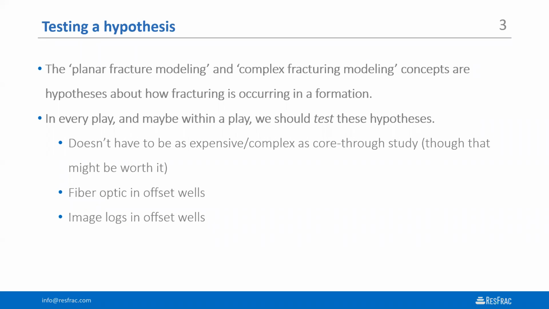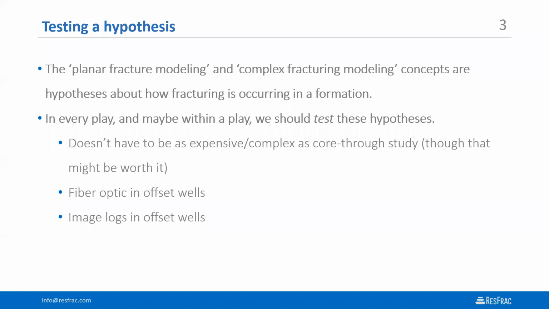You can put that in an offset well before it's completed, and you can directly observe frac hits in the offset wells. Another approach that some operators use is running an image log in a horizontal offset well. For example, in a child well, you could drill through the SRV or nearby an older well that's already been fractured, and then run the image log before you case and cement.